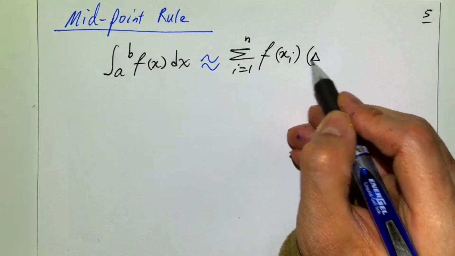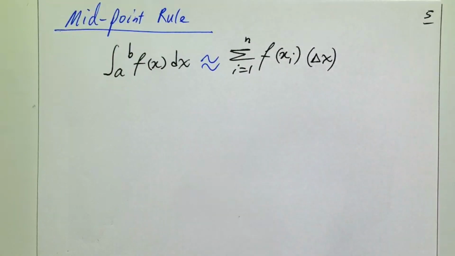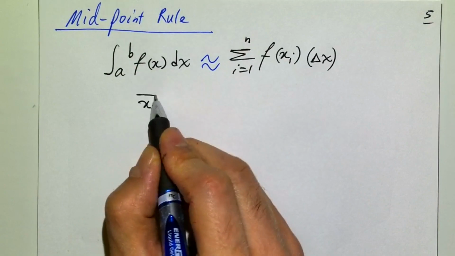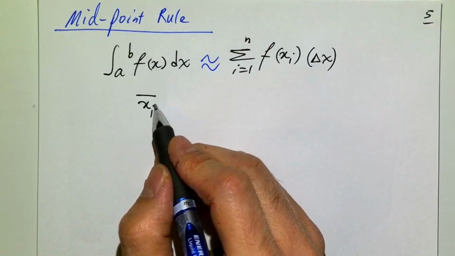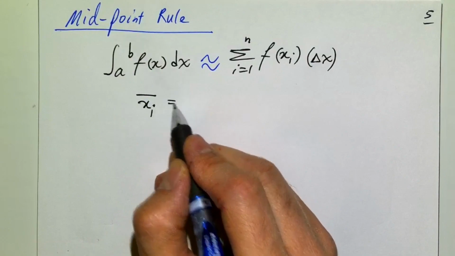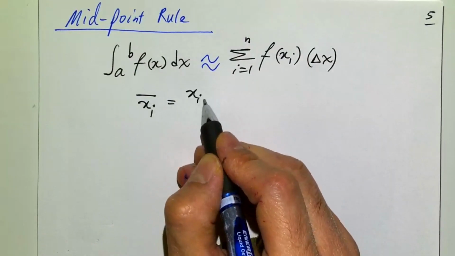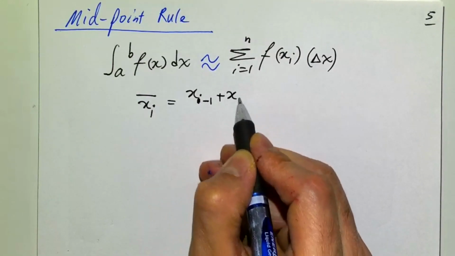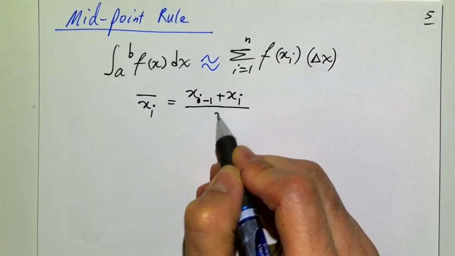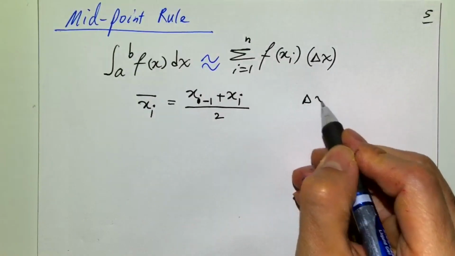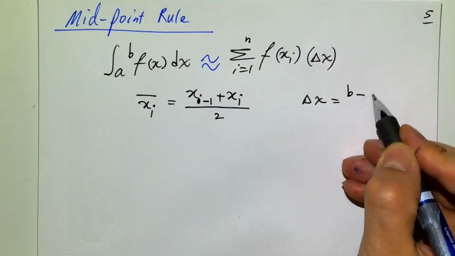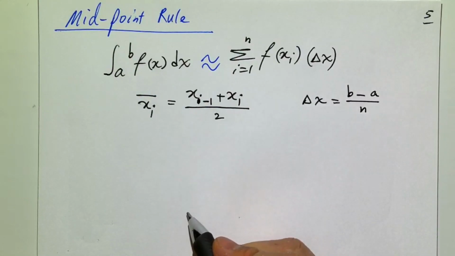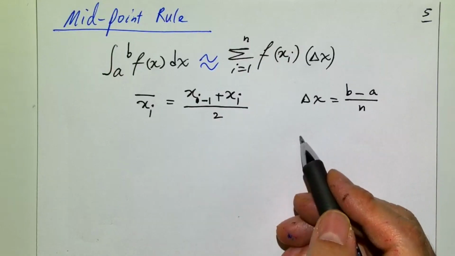Actually, let me do that, and then where x̄i, that notation represents the midpoint, xi minus 1 plus xi divided by 2, and delta x is b minus a over n, where n is the number of rectangles, which we've been doing since section 5.1.